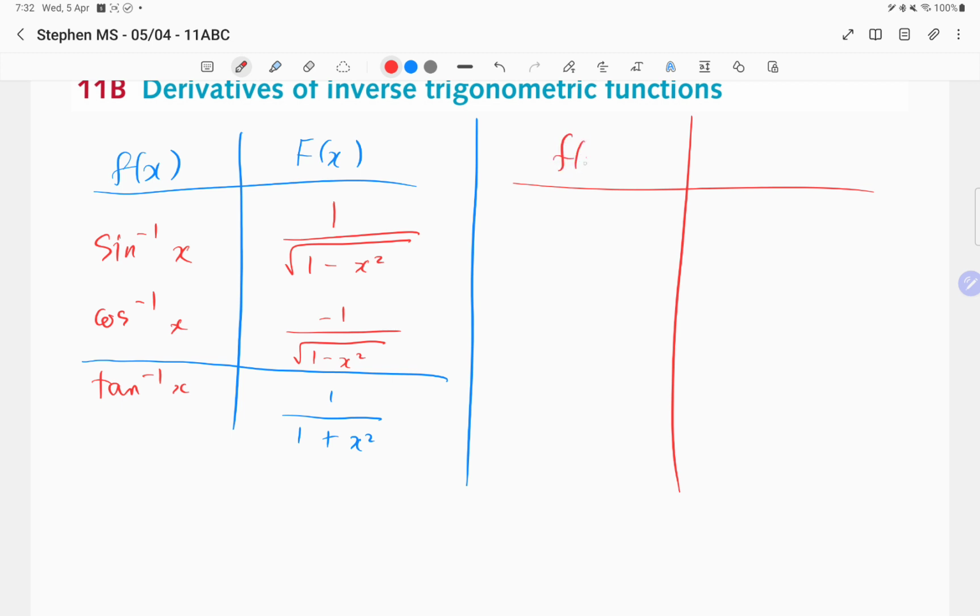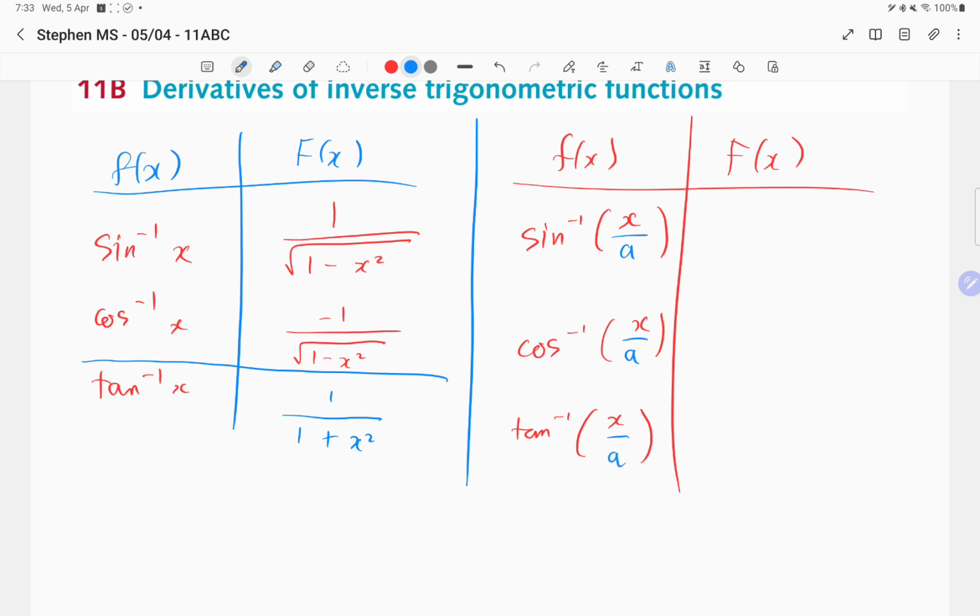The slightly altered version is this. Same thing, f(x) and then an antiderivative. So this would be inverse sine of x divided by a. And this one will be inverse cos of x divided by a. Similarly, this would be inverse tangent of x divided by a.